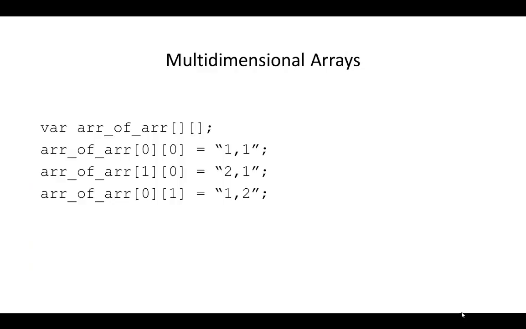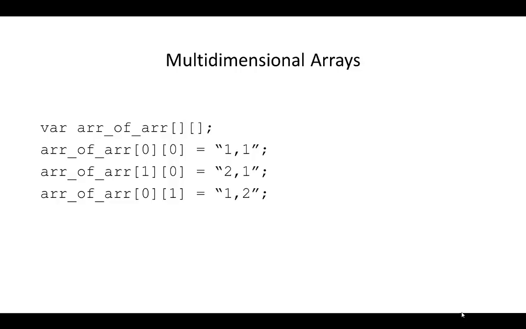You can do multi-dimensional arrays, so if you wanted to store a grid as an array. I wouldn't recommend that, there's probably better data types for storing grids in, but I've never done it. Here I can create an array of arrays, and it's a two-dimensional array, and then I could say the first value in the first list and the first value in the second list, I'd put to 1, 1.